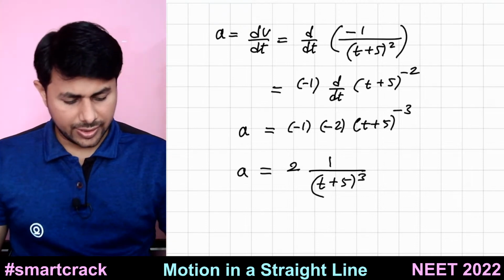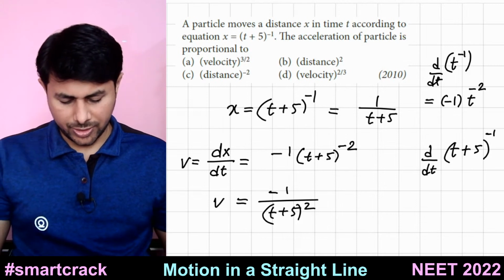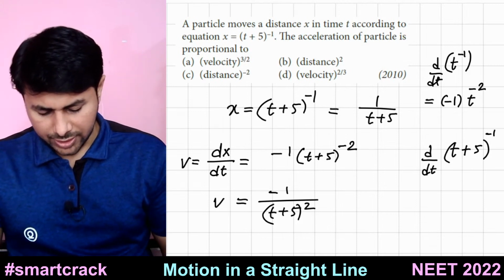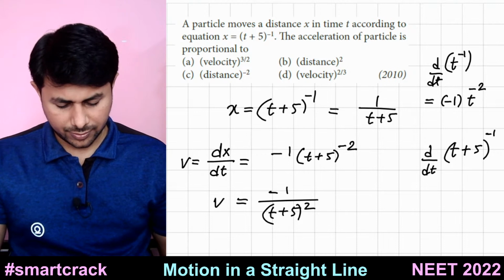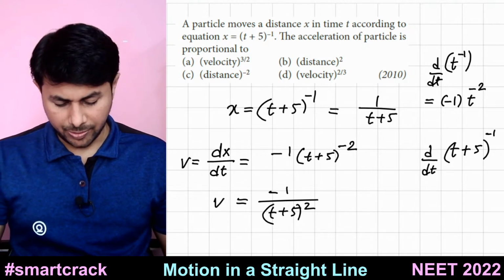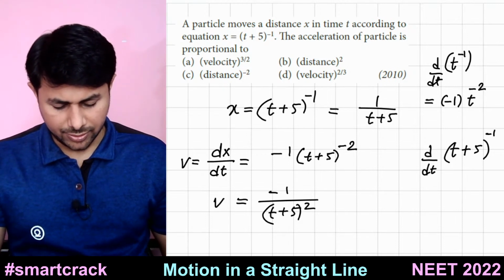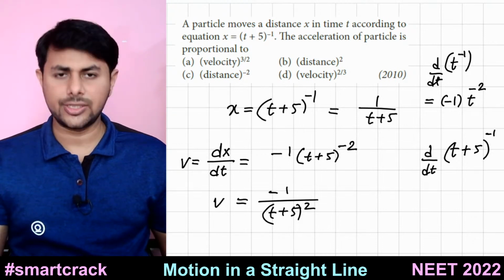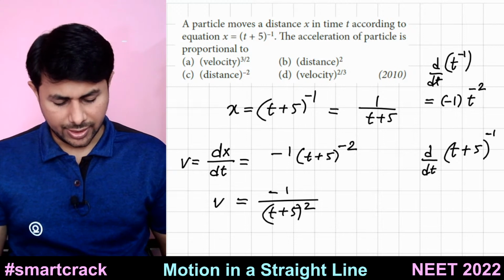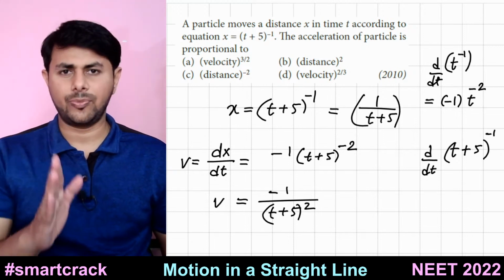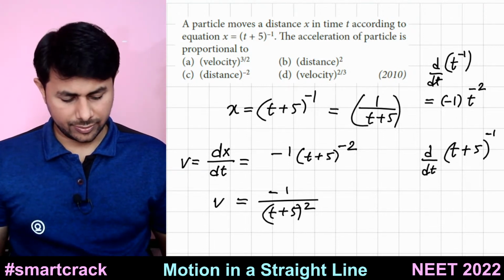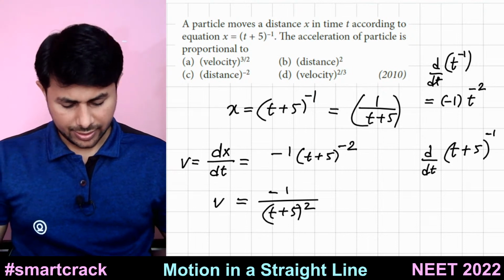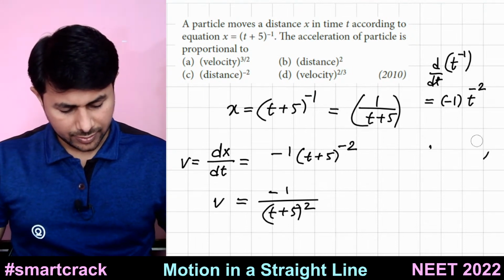Now let's check the options. Is it proportional to velocity raised to 3 by 2, or distance raised to 2? So distance raised to 2 is clearly not correct, because in distance we have 1 upon t plus 5. Okay, I will erase this thing.